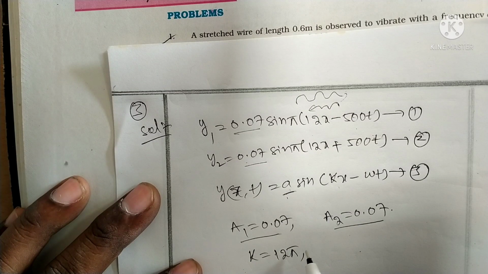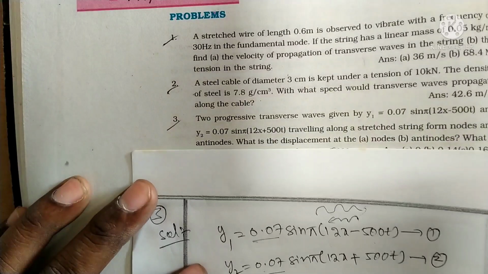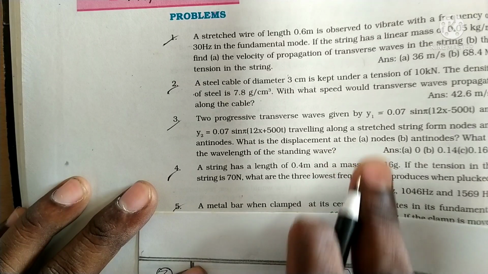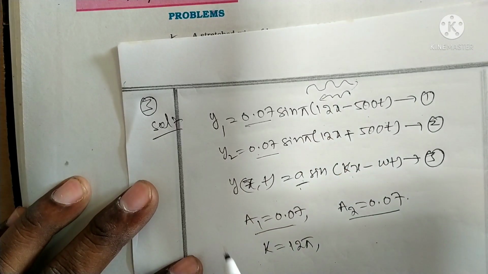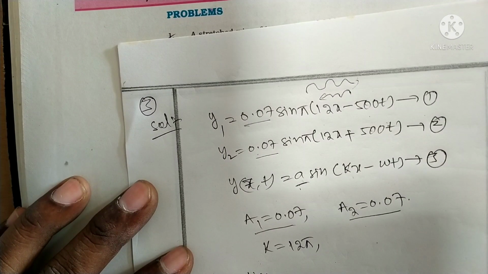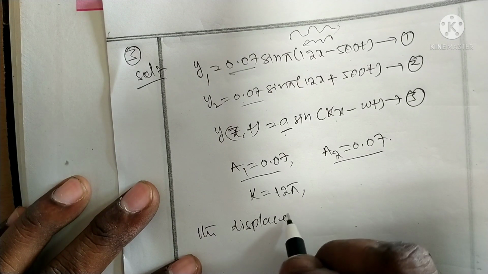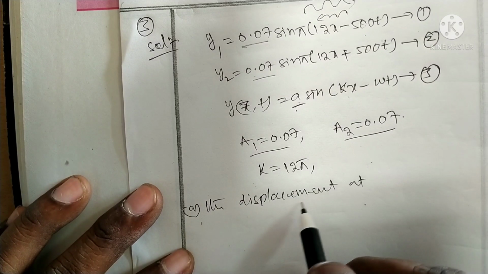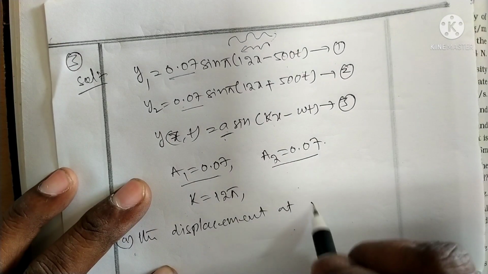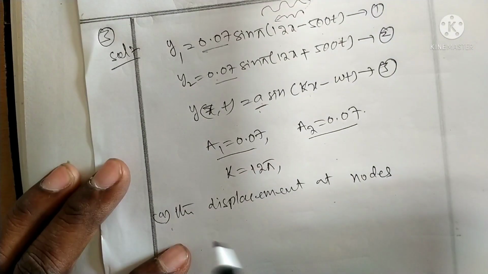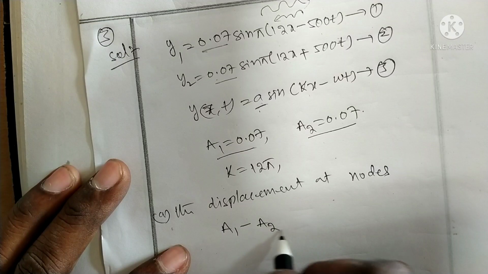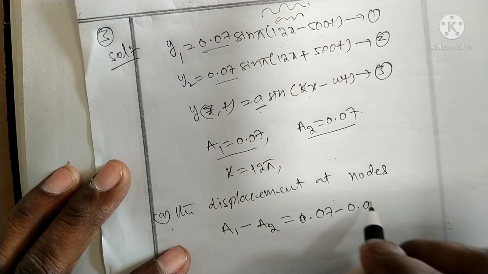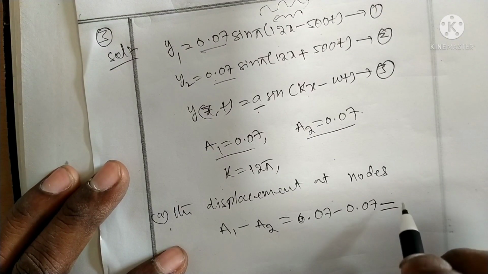Now, what is the displacement at nodes? The displacement at nodes is a1 minus a2, that is 0.07 minus 0.07, which is equal to 0.